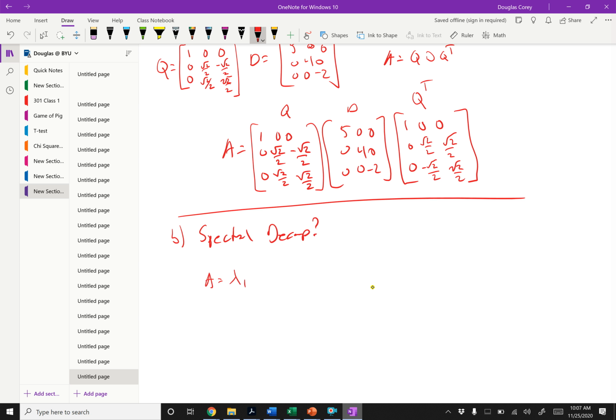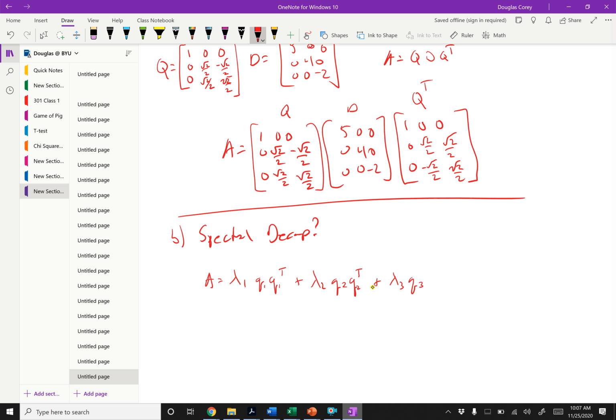the first eigenvalue times the first, it's supposed to be a Q, the eigenvector corresponding to the first eigenvalue, and then that same eigenvector transpose, and then we can do that for each of the eigenvalues.